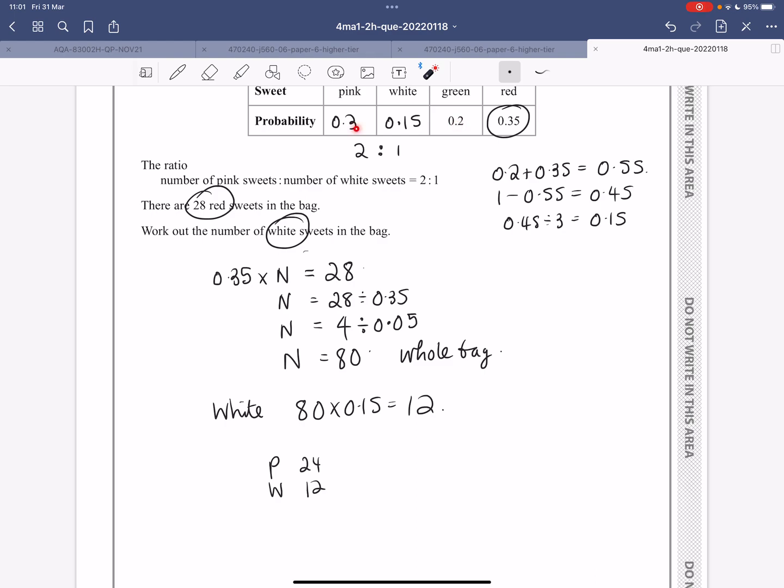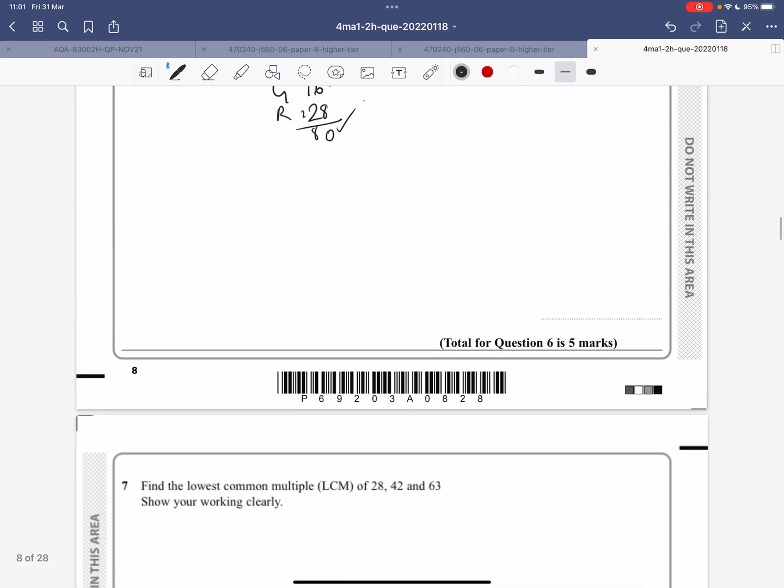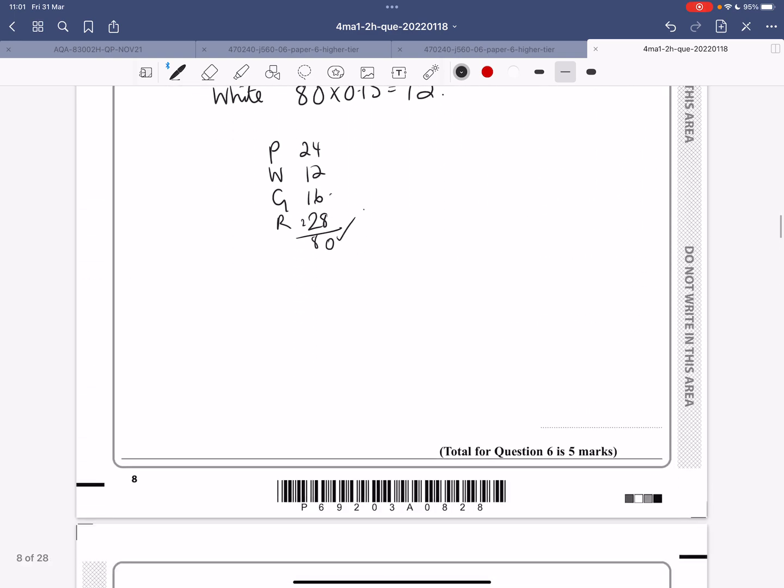Green is 2/3 of pink, so green will be 16. This is just a check. And we know red is 28. So they need to add up to 80. 4, 6, 12, 20, 2, 4, 6, 8. So I'm happy. So the number of white is 12. That's a check.